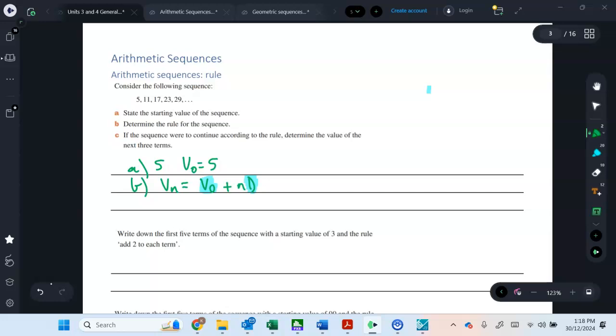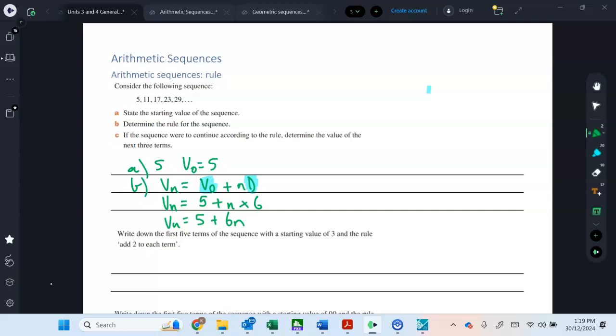So our rule, Vn equals V0, our initial value is 5, plus n times d, which is 6. So our common difference is 6. There's nothing wrong with leaving it like that. I would probably clean it up and write 6n, but if you write n times 6, it's the same thing. No problems. It's all good.